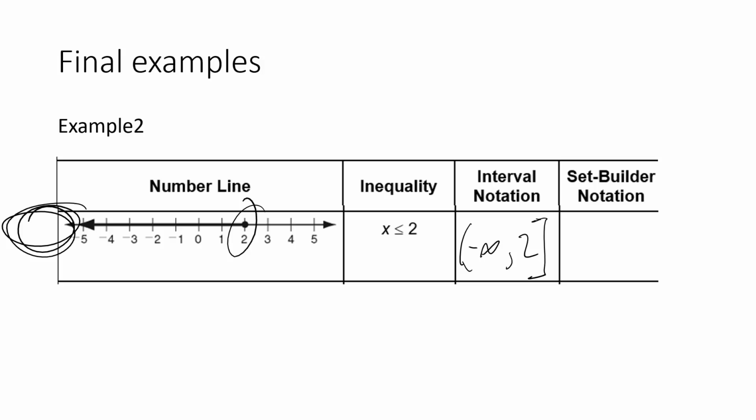And using set builder notation, I have all real numbers, so we do that using x as an element of all real numbers, such that x is going to be less than or equal to 2. And that's it.